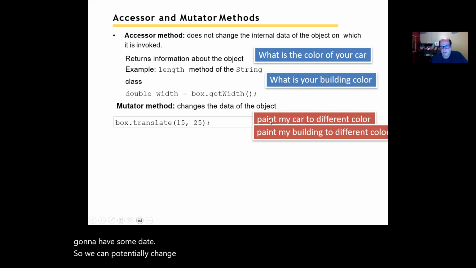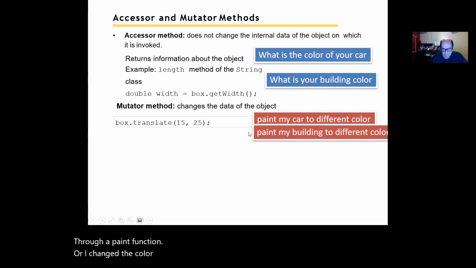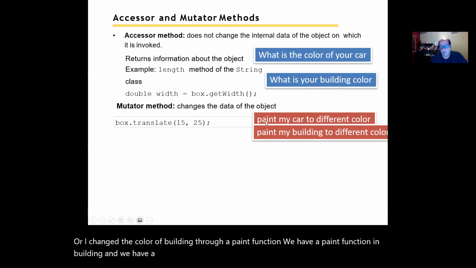In the car one, I change the color of my car through a paint function, or I change the color of the building through a paint function. We have a paint function in building and we have a paint function in the car. They are painting, but they are painting different objects. So we are modifying the data that we have.